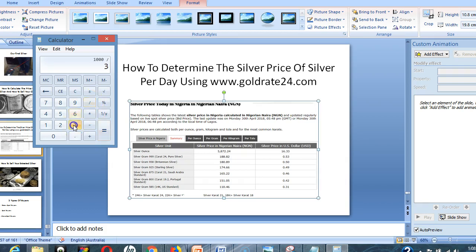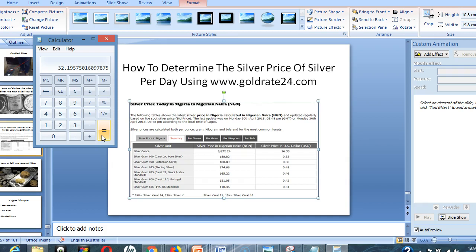So what do we get? The moment you divide any grams or kilograms by 31.06, whatever you get is the ounces of that particular precious metal, of that particular silver.